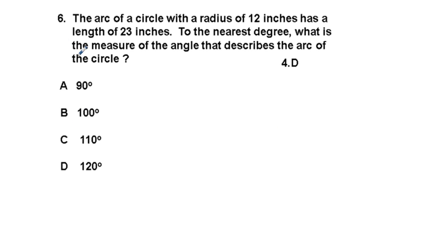Next, problem 6. The arc of a circle with a radius of 12 inches has a length of 23 inches. To the nearest degree, what is the measurement of the angle that describes the arc of the circle? Well, the arc length formula is S is R times theta, and this is going to be your version in radians. And for degrees, to convert this angle into radians, it's going to be S equals R theta, and to convert this theta into radians, we're going to multiply this by pi over 180.